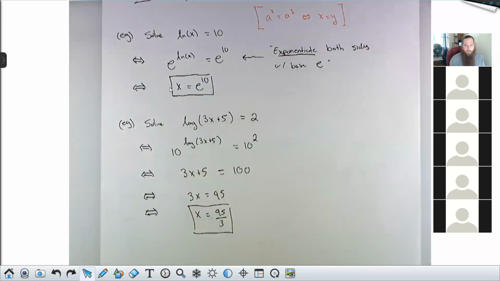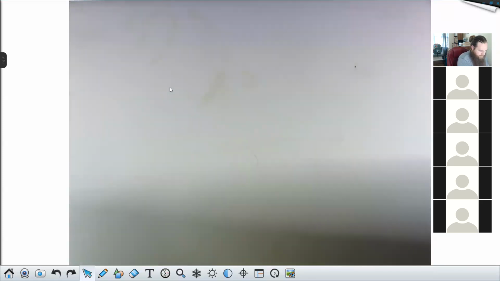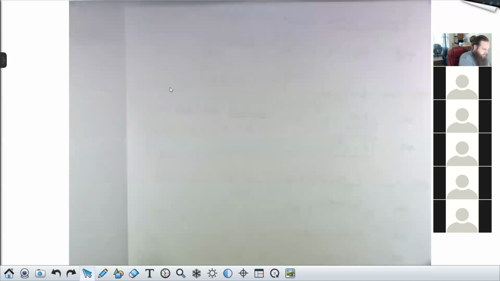The way you can complicate these is similar to the way you can complicate exponential functions. I could give you multiple logs that you have to put together. So you've got to isolate the log term.